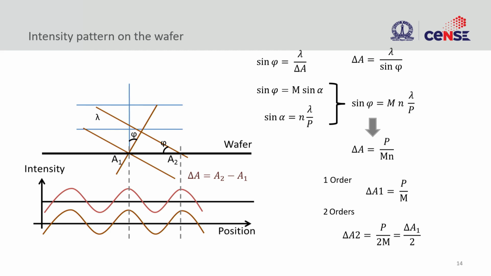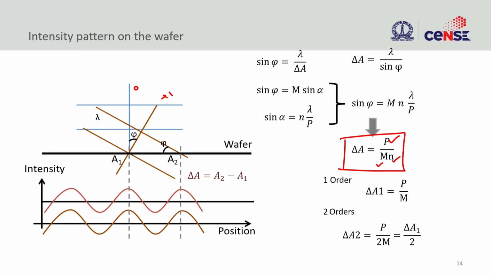If phi is the angle at which my first order is coming, then you can write sin phi as lambda over delta A. Delta A is the distance between the 2 constructive interferences. If you deduce this, you will get this. So your delta A, the distance between these 2, depends on the pitch, the magnification that you have, and also your order.